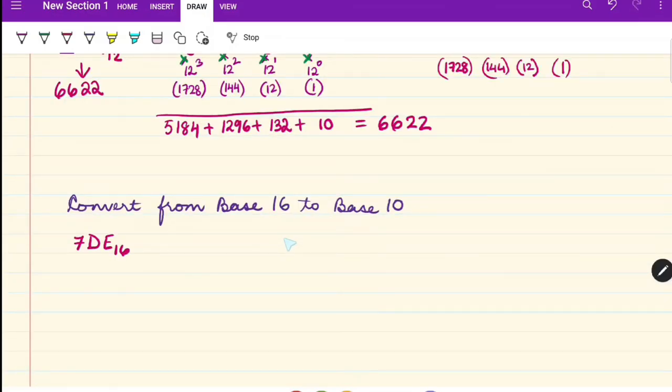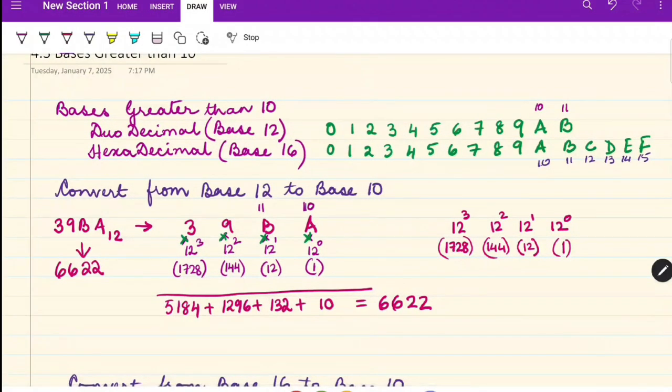Now we will try to convert a base 16 number to base 10. The number in base 16, or hexadecimal, is 7DE. So remember, D and E here represent numbers. Let's look up the numerals for hexadecimal one more time.